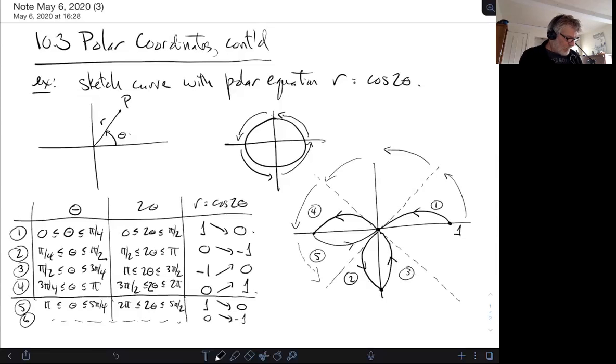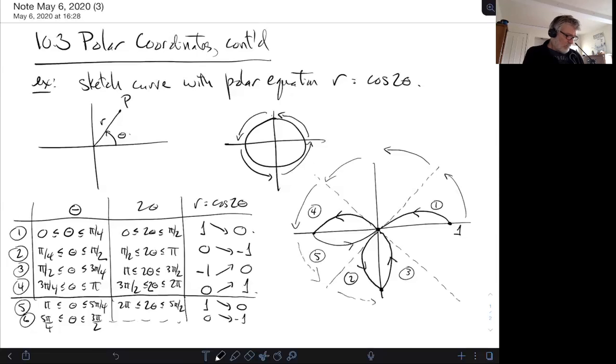Let's do this one here, the sixth one. So my angle is going from 5 pi over 4 to 6 pi over 4, which is 3 pi over 2. So now I'm looking at the angles over here.